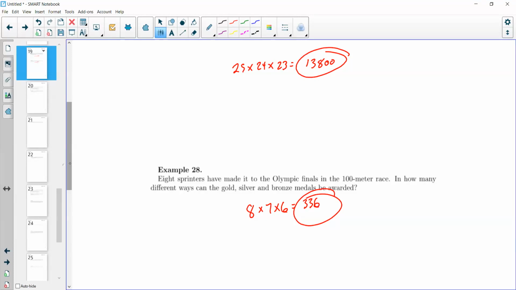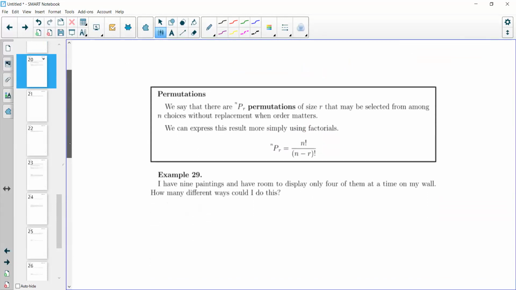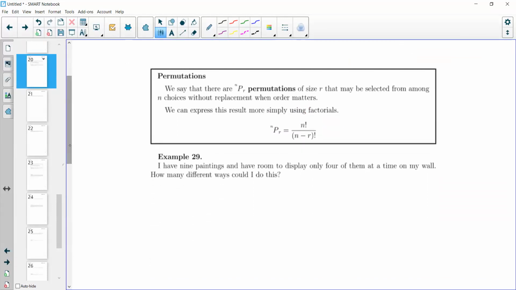So what does this bring us to? Again, we're talking permutations. For lack of a better way to put it, we say that there are nPr permutations of size r that may be selected from among n choices without replacement, and when order matters.